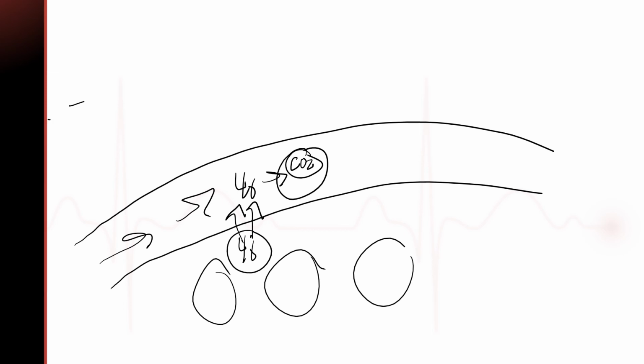Well, there's carbonic anhydrase within the intracellular fluid of the red blood cell, this enzyme that turns CO2 with water into carbonic acid, which then dissociates into bicarb and a hydrogen ion. The point here is, if you take CO2 within the intracellular fluid of the red blood cell and turn it into something else, bicarbonate and a hydrogen ion, then it's not CO2 anymore, right?